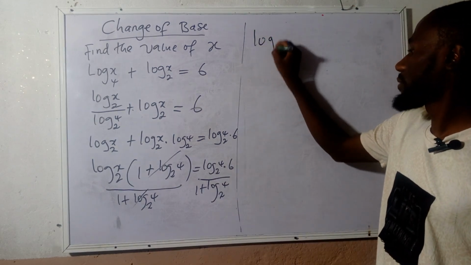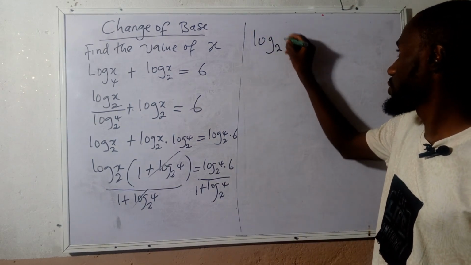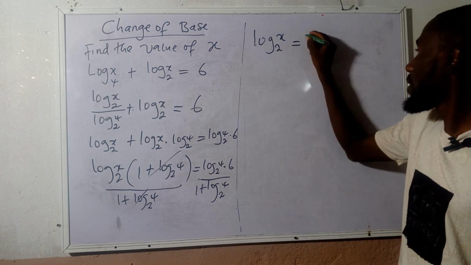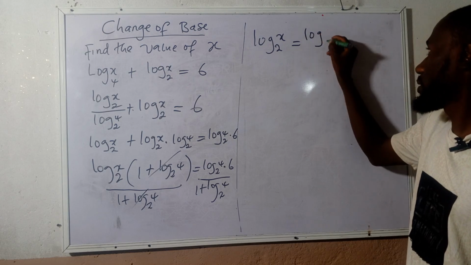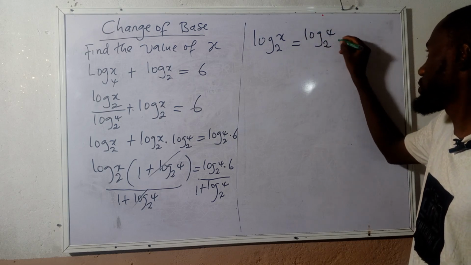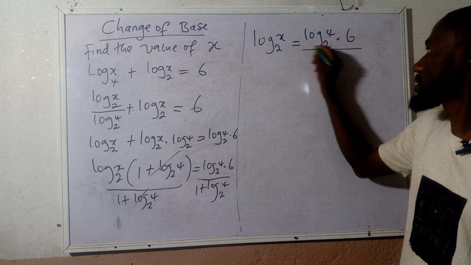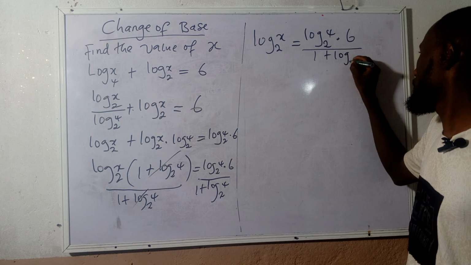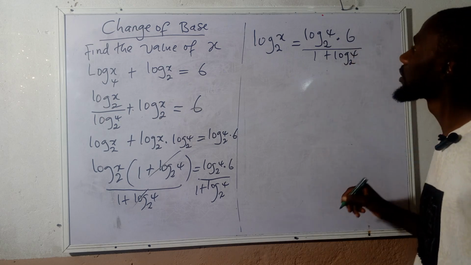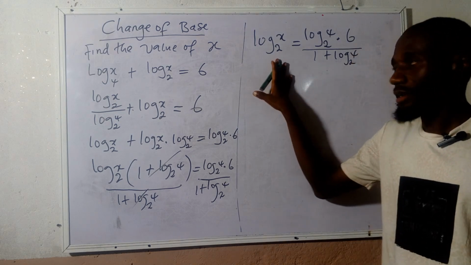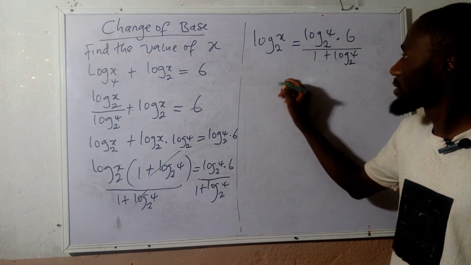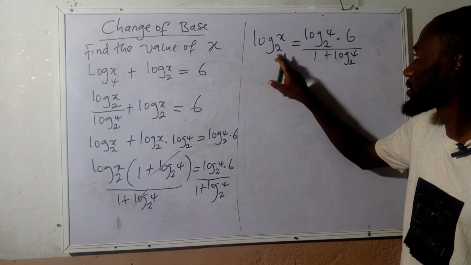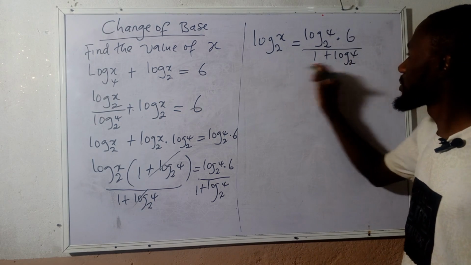We have log 2x is equals to log base 2 4 multiply by 6 all over 1 plus log base 2 4. Then now we are going to apply a property which says if you have this log base 2 of x, then the 2 will carry this off.